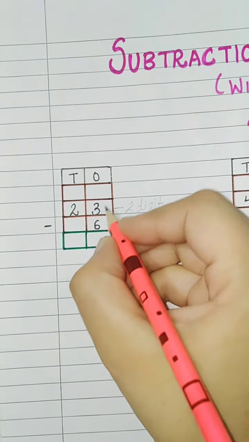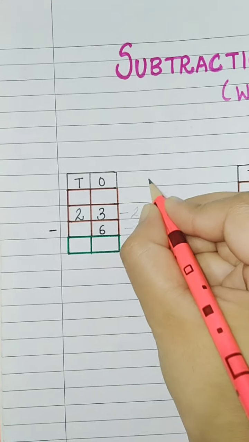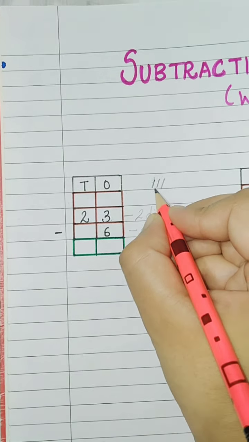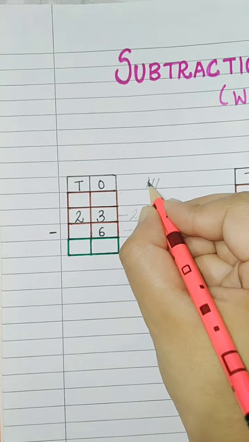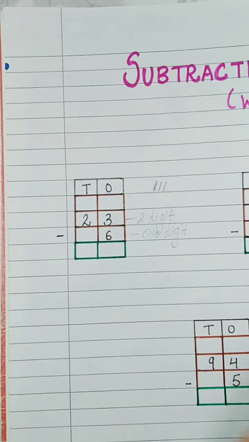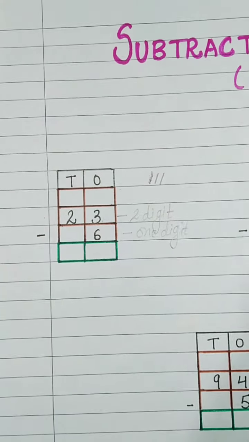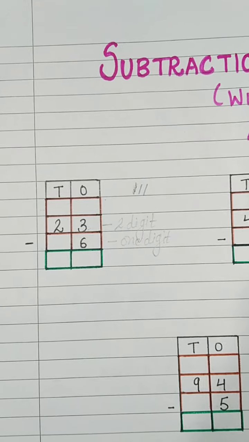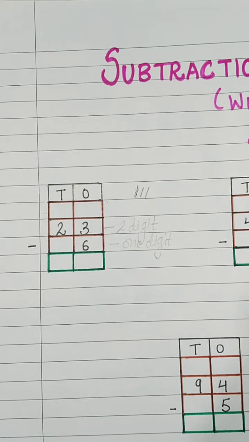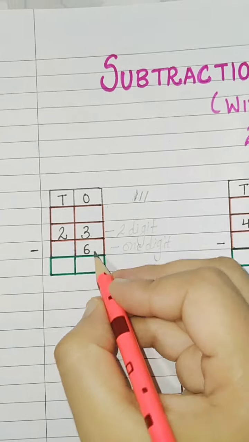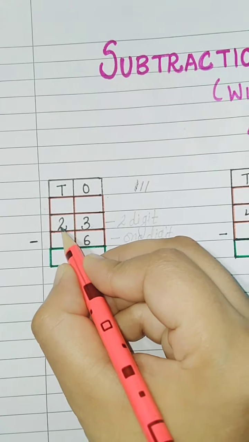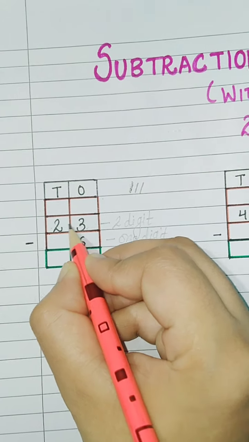How will we subtract? Can you subtract 6 from 3? No, you cannot. So what will you do? You have to borrow. Borrow means to take something from someone. So this 3 will borrow one from its partner.